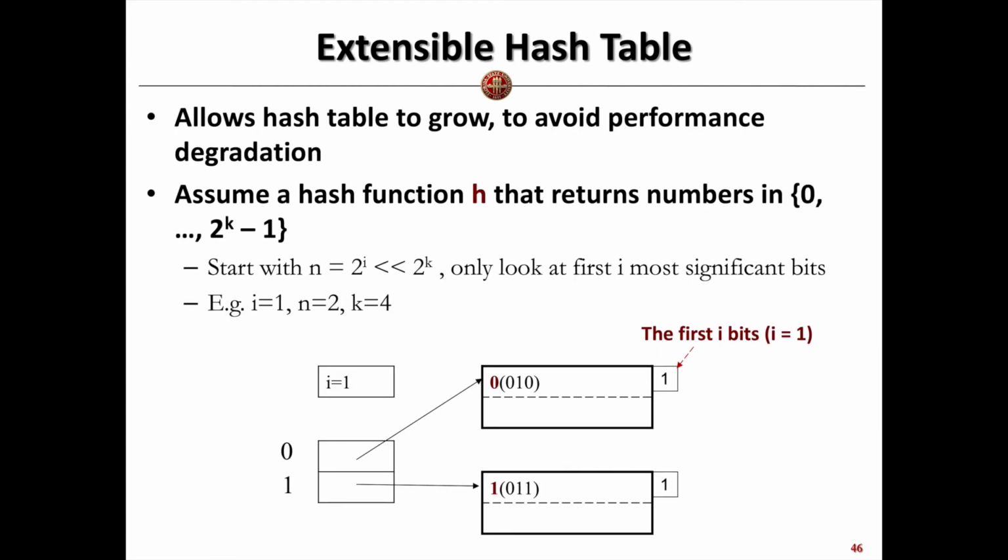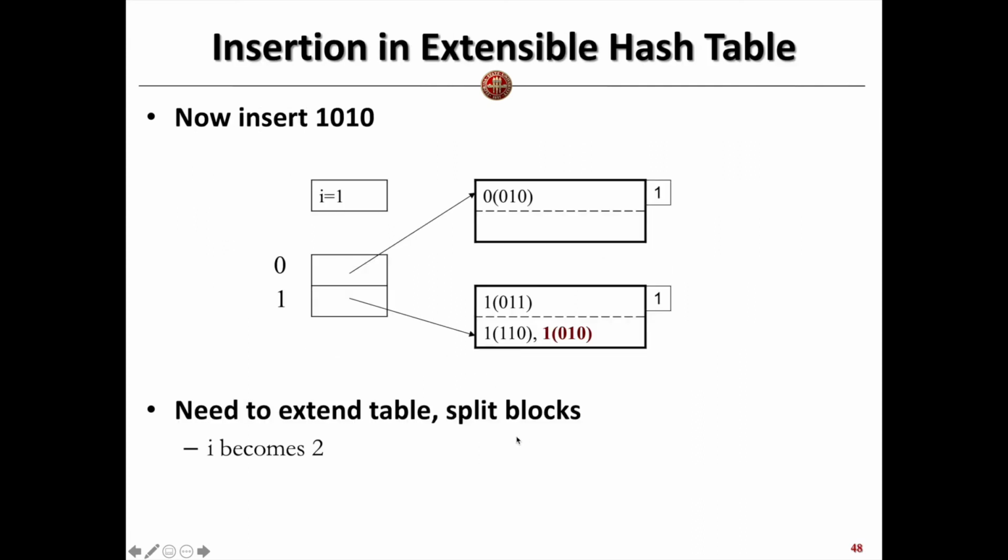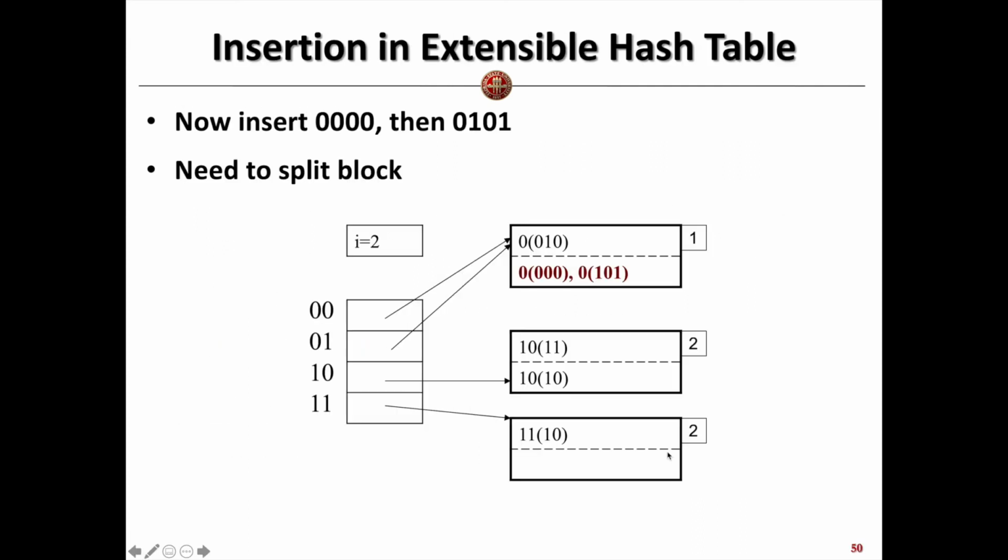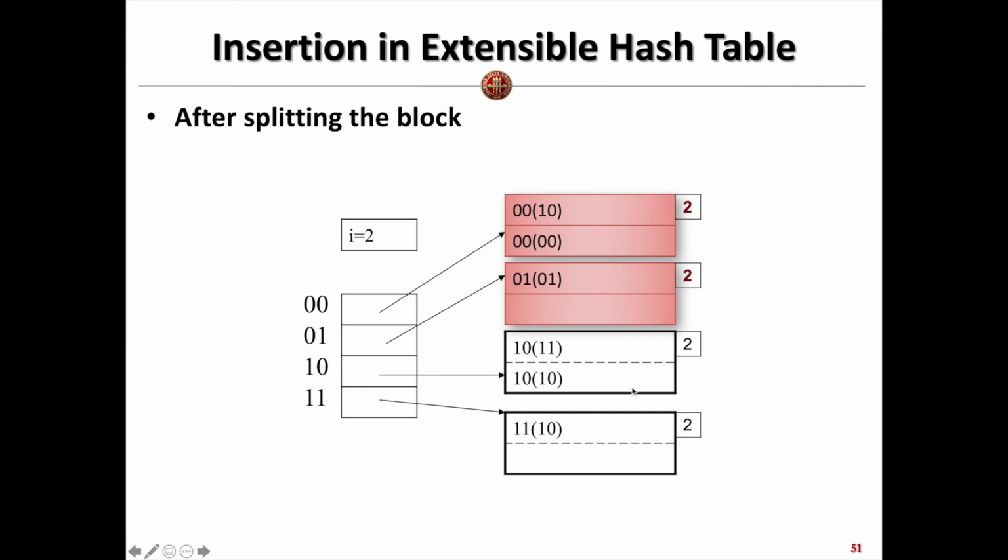Before, we mentioned that for the extensible hash table, we use the first i bits for defining the hash function and the buckets. We can guarantee the number of buckets will be equal to 2 raised to i. If we only use 1 bit, the buckets we have will be 2, right? If we use 2 bits, then the buckets we can have will be 4, right?